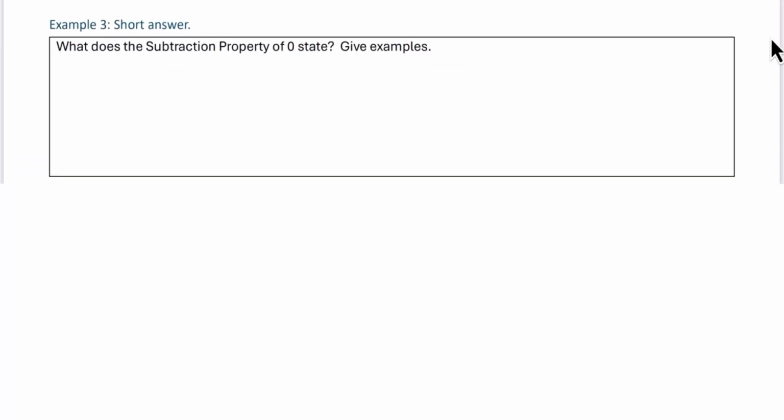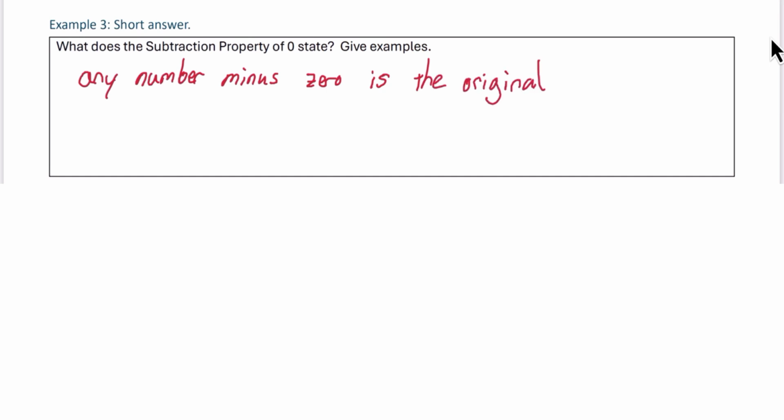In this short answer example, we're looking at the subtraction property of 0. And that simply states that any number minus 0 is the original number.